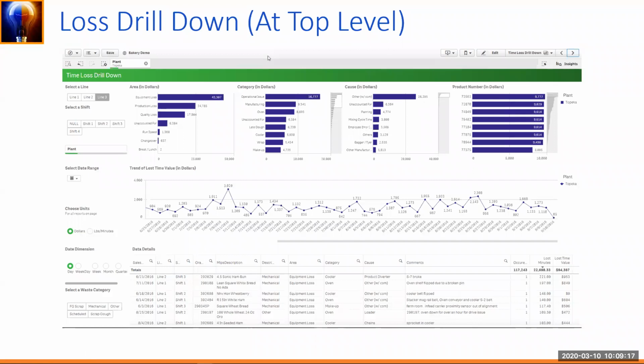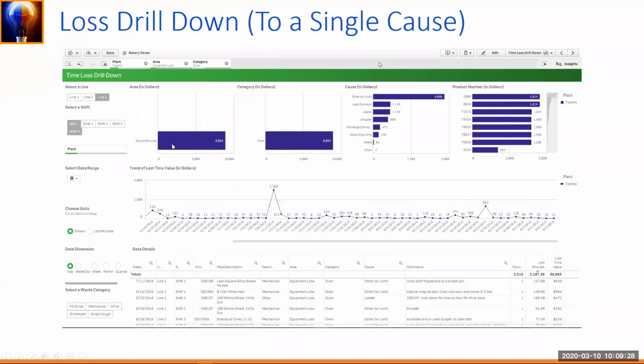All of this is interactive. As you drill into the biggest item on the Pareto here for equipment loss, and then the next category down and so forth, we can rapidly drill into this and see what's happening on a much more detailed level.